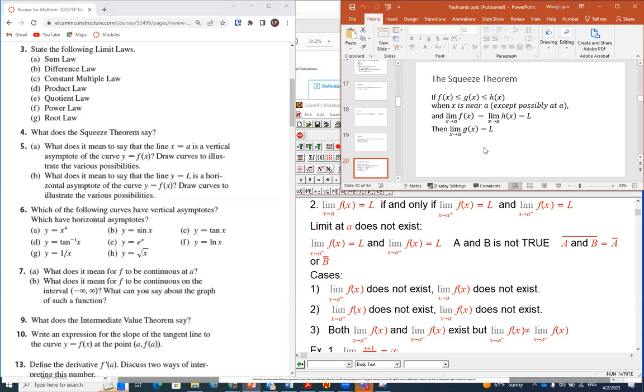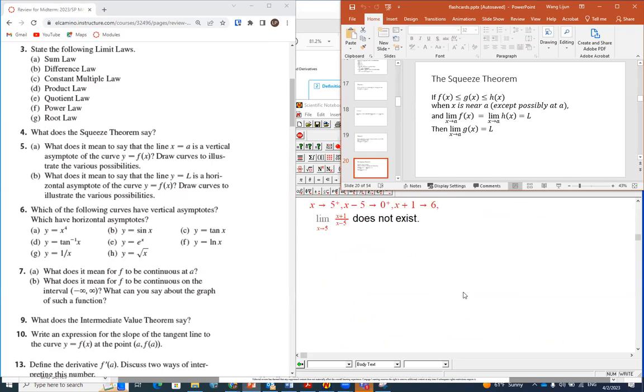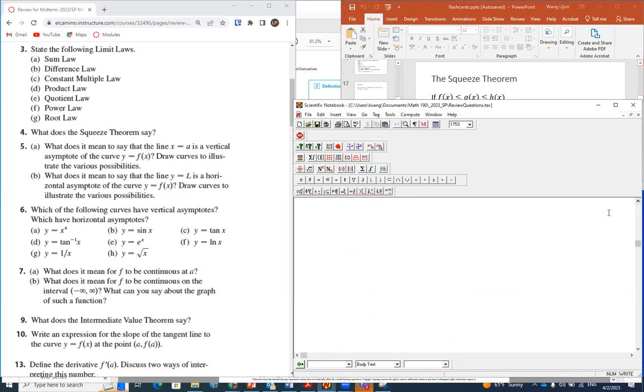When you read these theorems, you must dissect them to know what is the condition and what is the conclusion. Only when all the conditions are satisfied can you apply the conclusion. That's what a theorem is all about. So let's dissect the squeeze theorem.